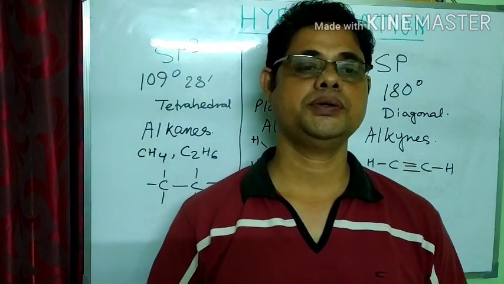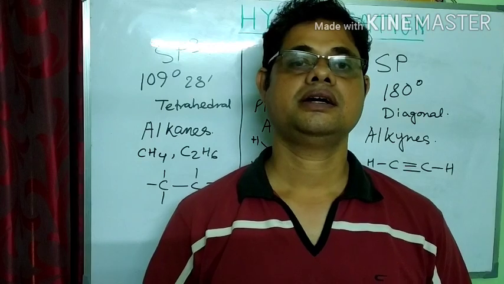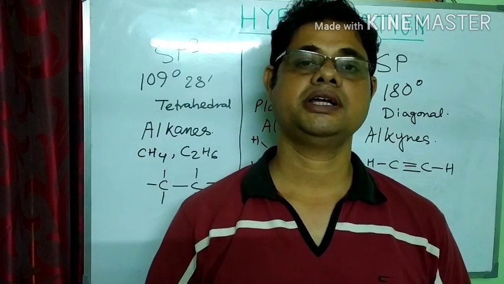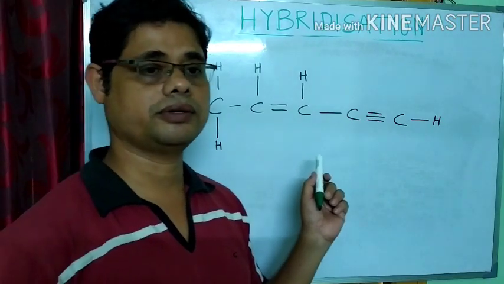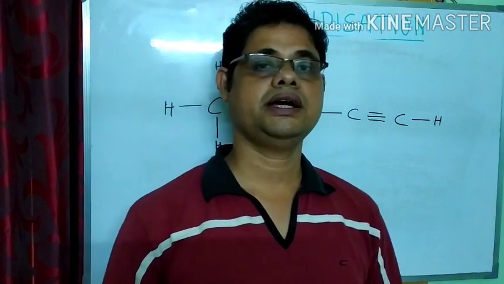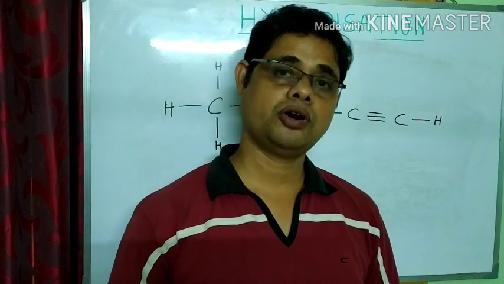Now I will show you how to calculate the hybridization of carbon in a carbon compound. I have taken this hydrocarbon. We have to calculate the hybridization of all carbons.